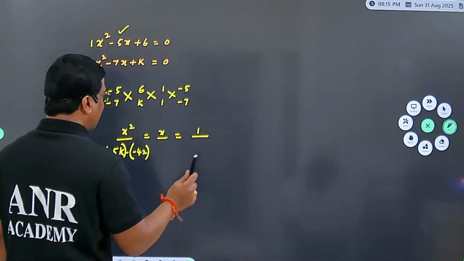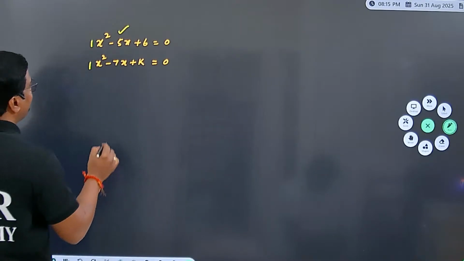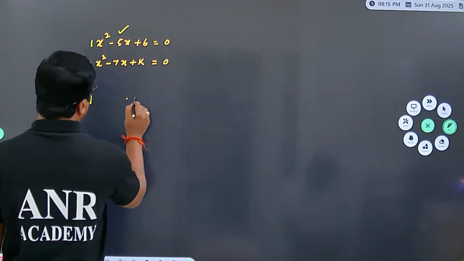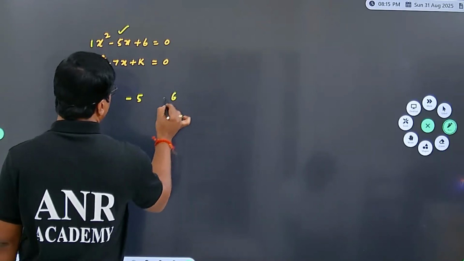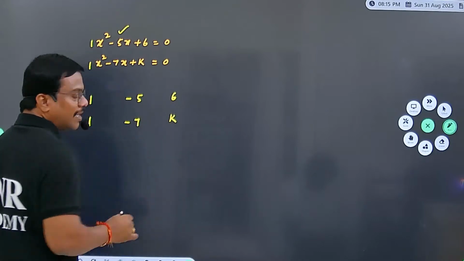Or otherwise there is another short method. Just remember, here you have 1 minus 5 6, 1 minus 7 k. Remember that.